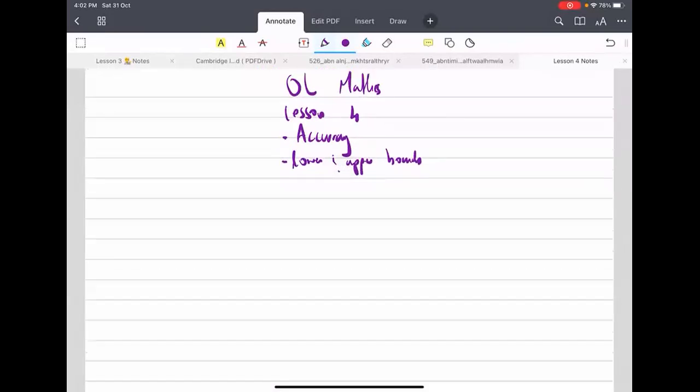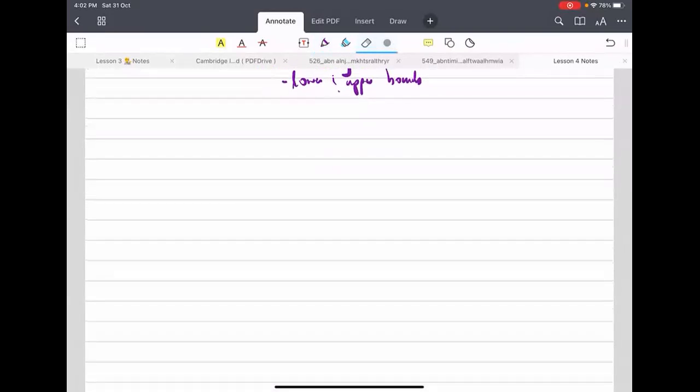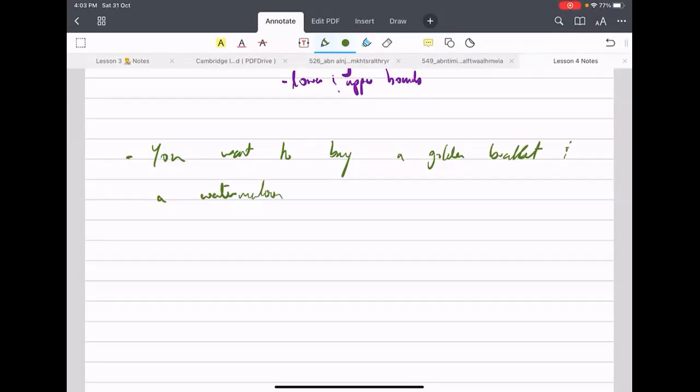So last time we sort of gave the example of a balance: you went to a mall and you want to buy a golden bracelet and a watermelon. Can you remember this, guys? Okay.